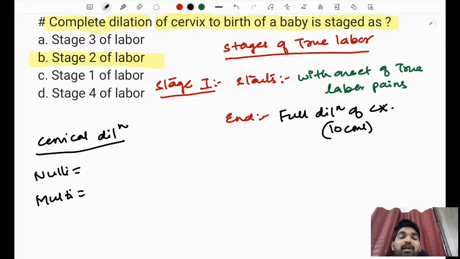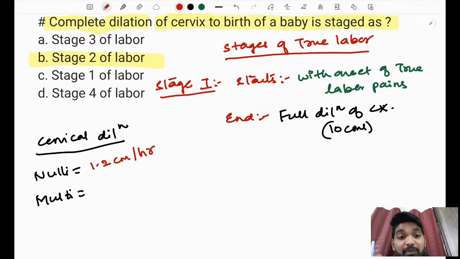What is the minimal cervical dilatation in case of nulliparous? Tell me. Excellent, Esther. It is 1.2 centimeter per hour in case of nulliparous. In case of multiparous, what should be the minimal dilation per hour?